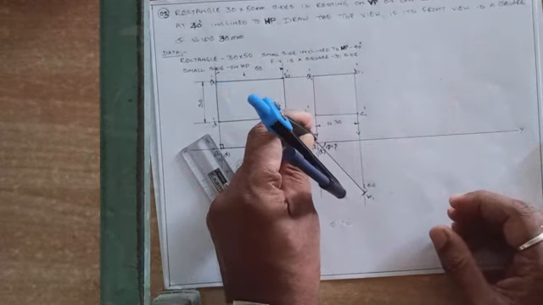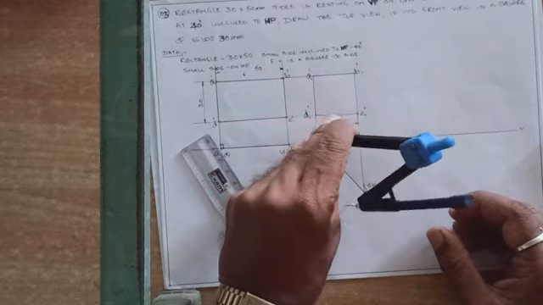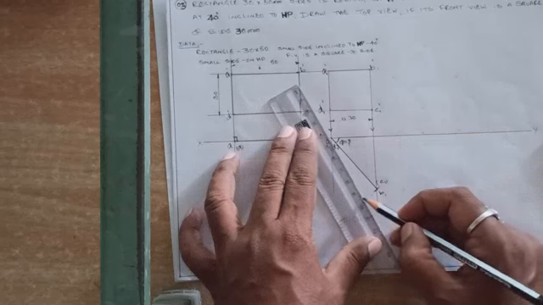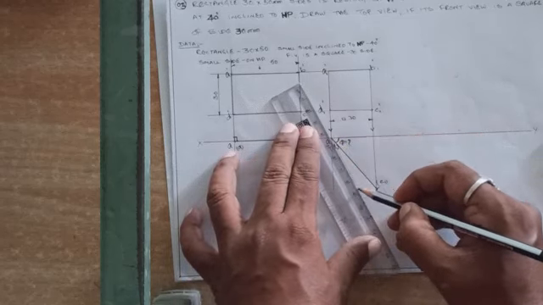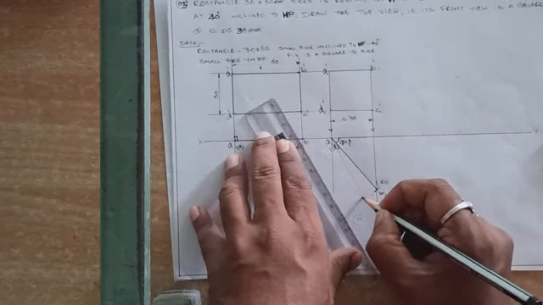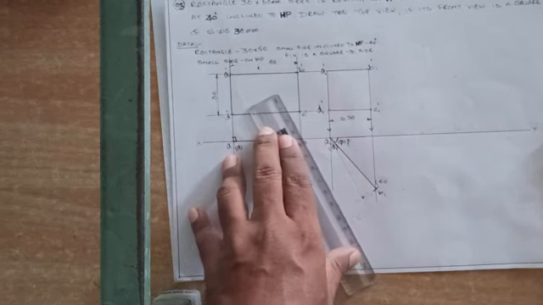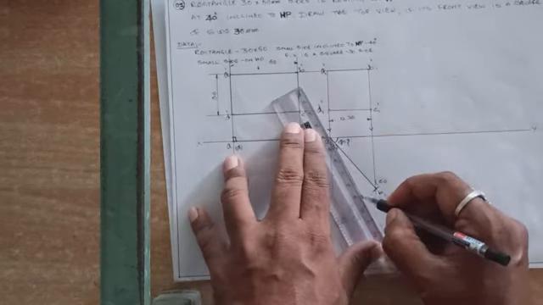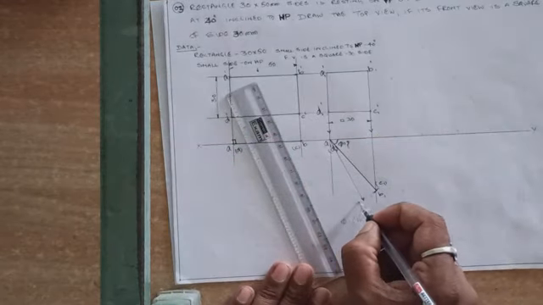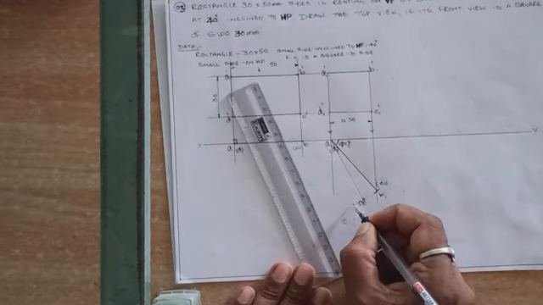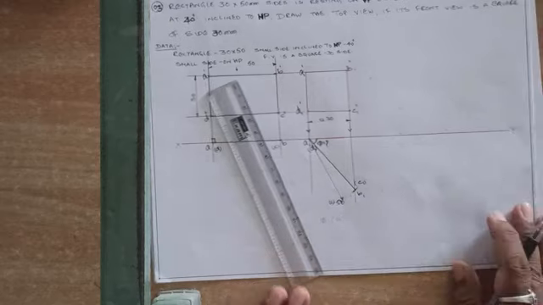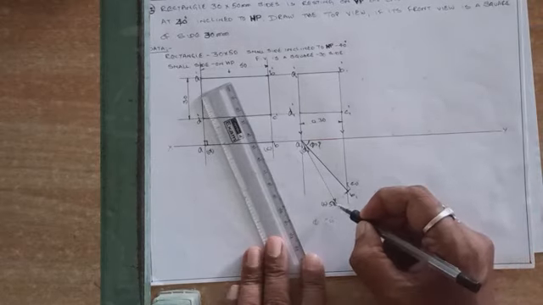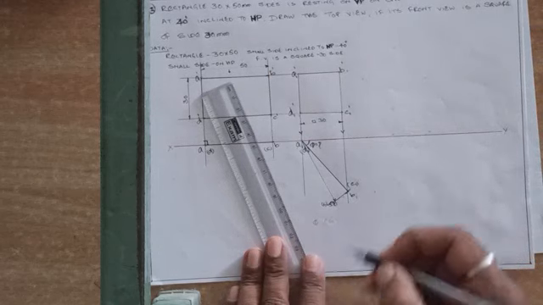Here the radius taken is equal to the length of the rectangle, that is 50 mm. Not necessary, I am just mentioning it here for you.